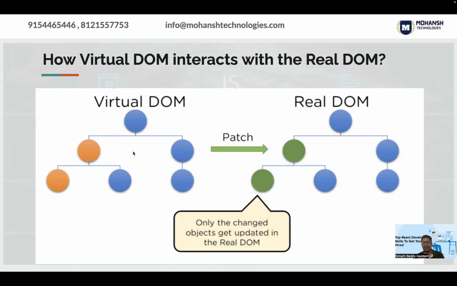As virtual DOM is an exact copy of real DOM, virtual DOM understands that two nodes have been updated. So what virtual DOM does is, only the changed objects get updated in the real DOM. Means whichever objects are updated in virtual DOM, it updates the same information on the real DOM instead of disturbing all the other components. So this is how virtual DOM interacts with the real DOM.